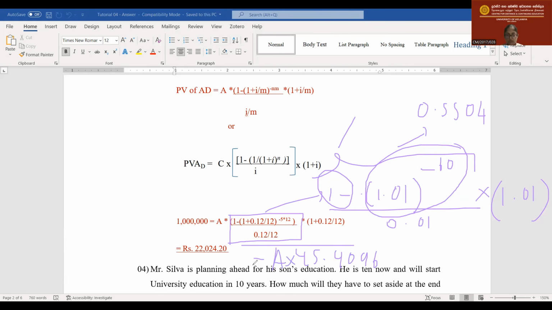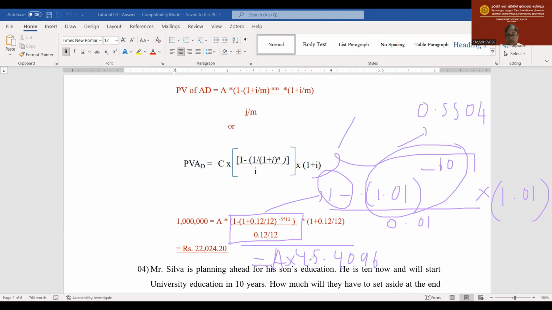So A multiplication is there. You know the cross multiplication, the opposite in maths. Here we have to find A, therefore we can remove this 45.4096 by doing the division. The opposite of multiplication is division. So you can take 1 million divided by 45.4096.